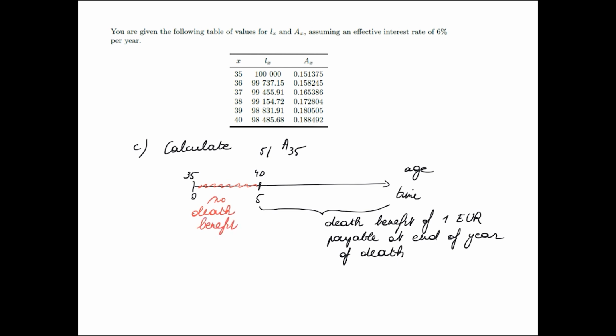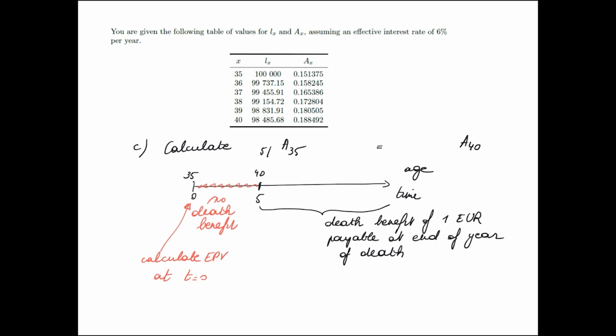And we need to know the value of this product. We need to know the value at time 0, right? So we want to value this product here. So calculate the EPV, calculate the expected present value at time 0. So what do we see? Well, in fact, what we need is this whole life insurance issued to a 40-year-old, right?